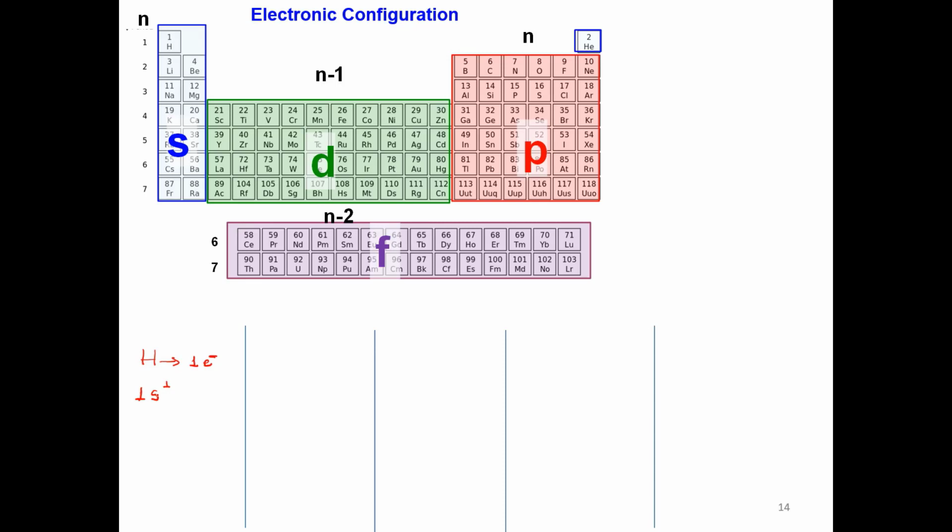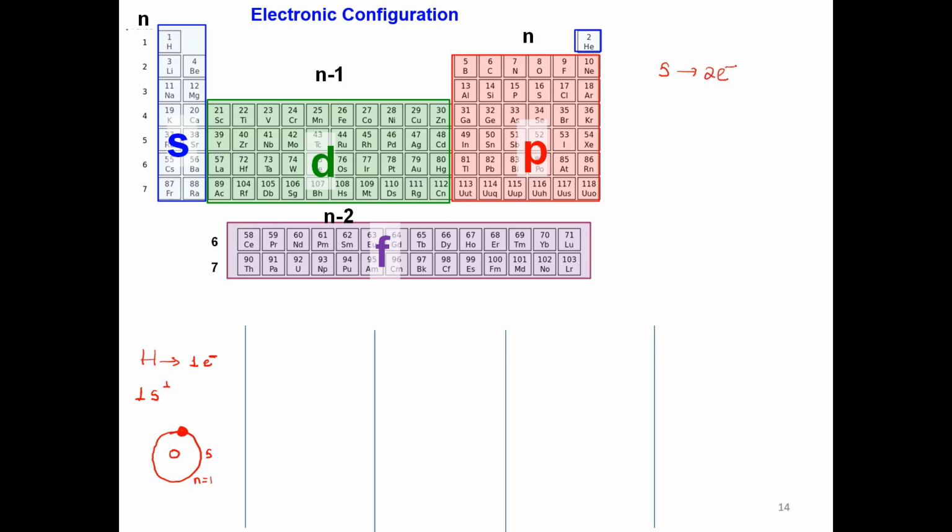Let's try to represent this in a diagram. Here we have the nucleus of the hydrogen. This corresponds to the shell, the orbital n equals 1, and it has just 1 suborbital. The s suborbital holds up to 2 electrons, so let's write here maximum 2 electrons.